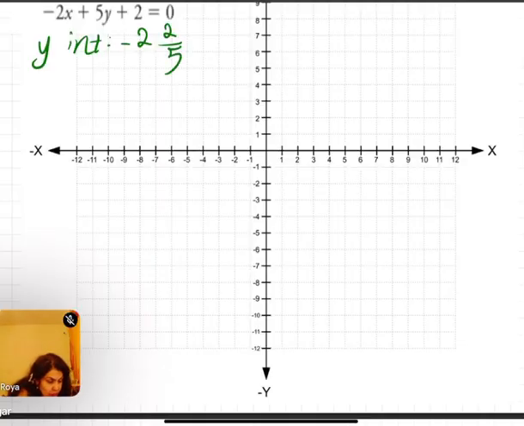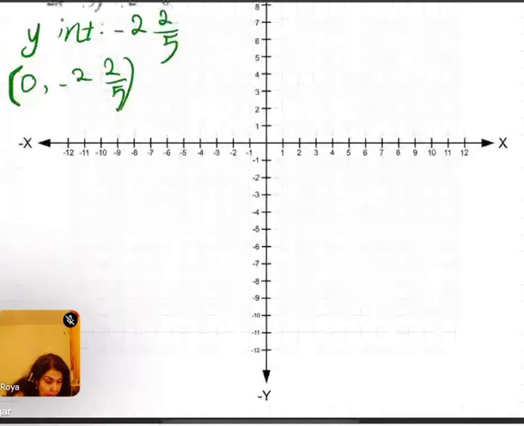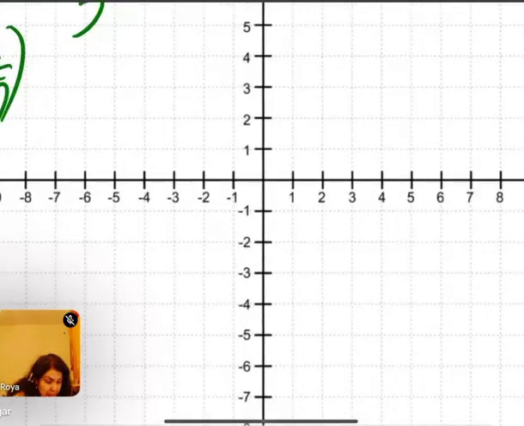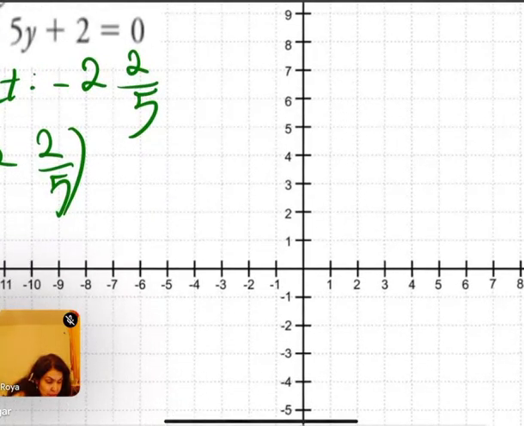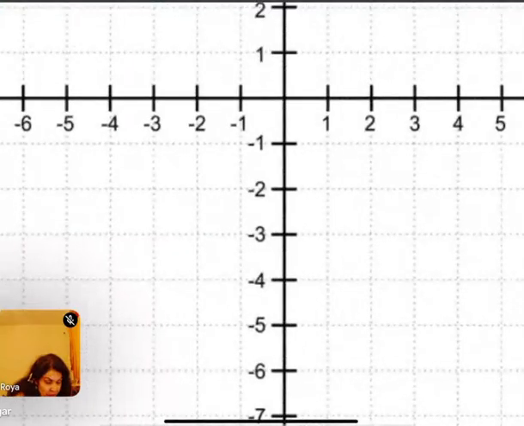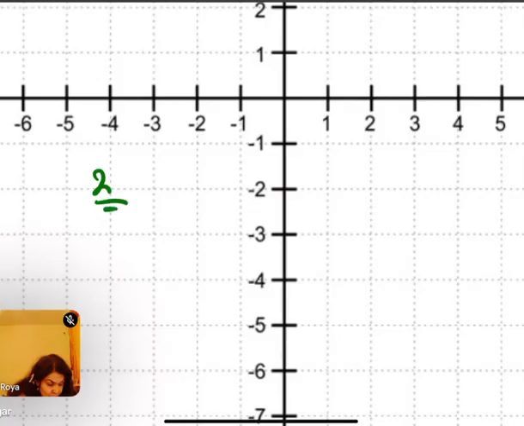Or you can write it like this: x is 0, this is the y-intercept, y is negative 2 and 2 over 5. Negative 2 is this point, and 2/5: the denominator is 5.